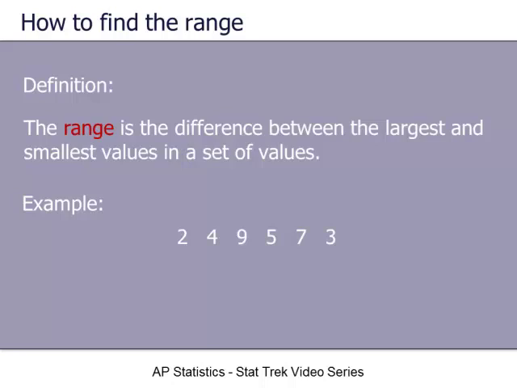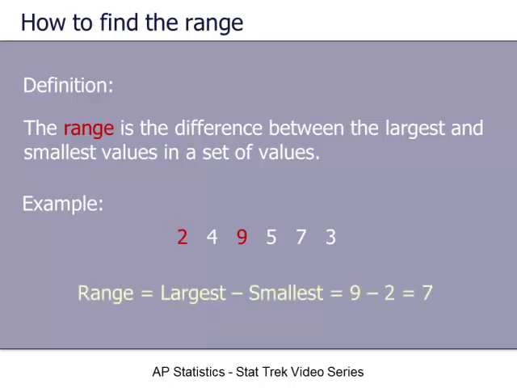What is the largest number in our data set? The largest number is 9. And what is the smallest number? The smallest number is 2. So the range is the largest number minus the smallest number, or 9 minus 2, which equals 7.